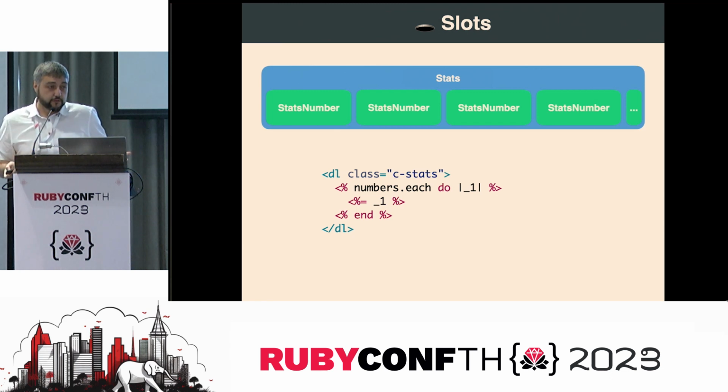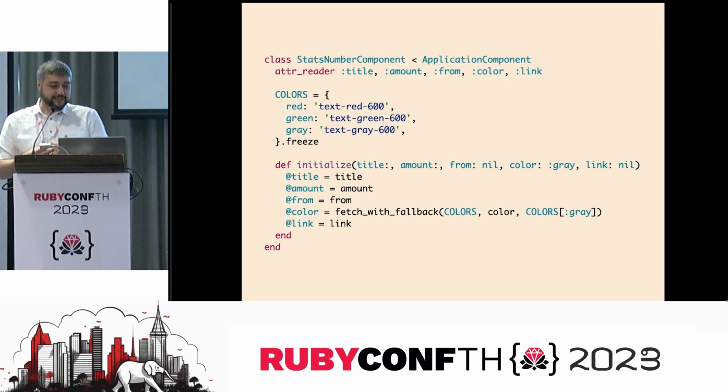It's quite simple. The whole stat number component, like a lot of UI components, has a lot of variables. They're very configurable on the layout side. So it just accepts title, amount, from, and a color, because the stats can be positive, negative, or meh, which is the gray one.